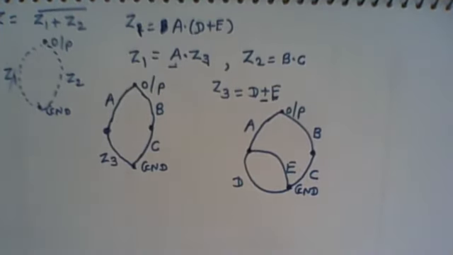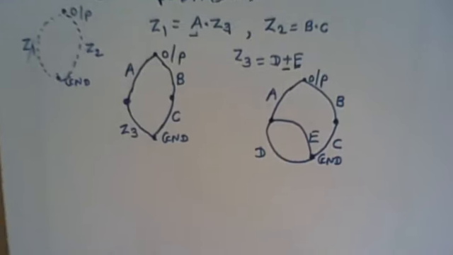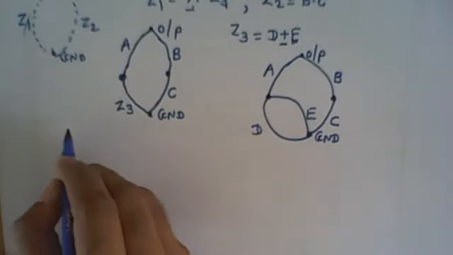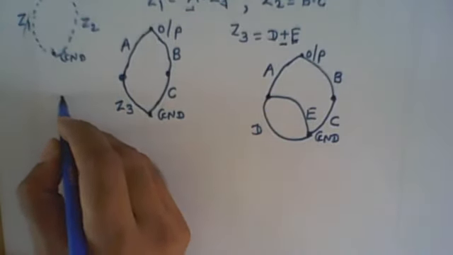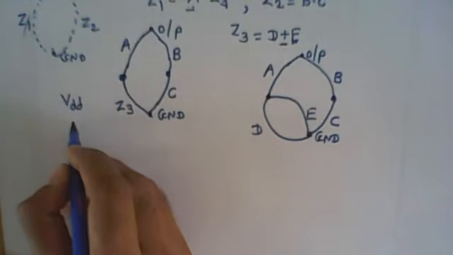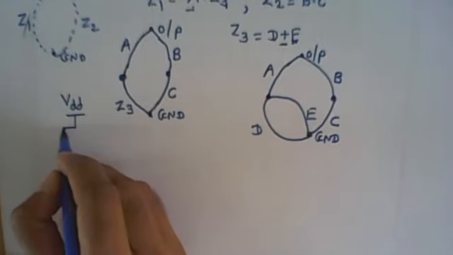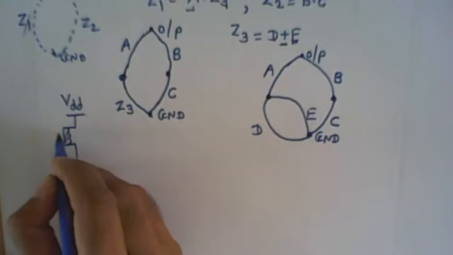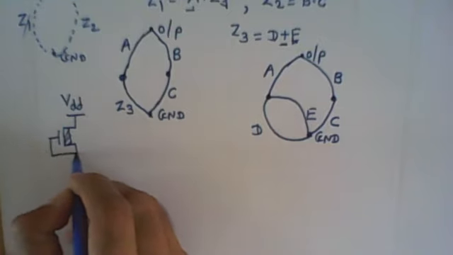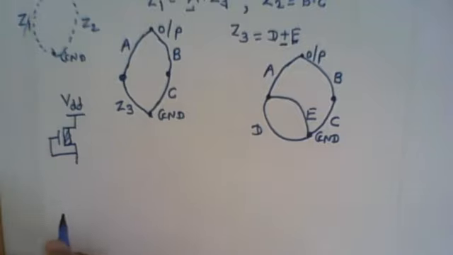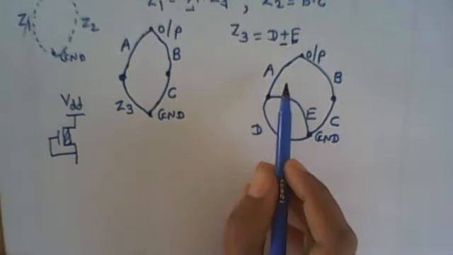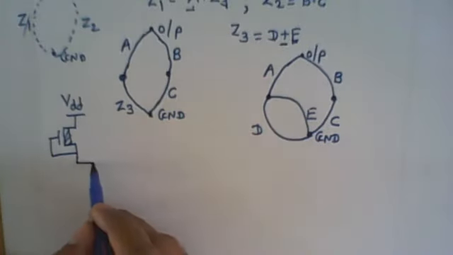Now let's connect the network using this graph, using depletion load. So it's a VDD, with one load MOSFET, and it is a depletion type. Gate and source of the depletion MOSFET are connected. Now we have to follow this graph, and here is our output.